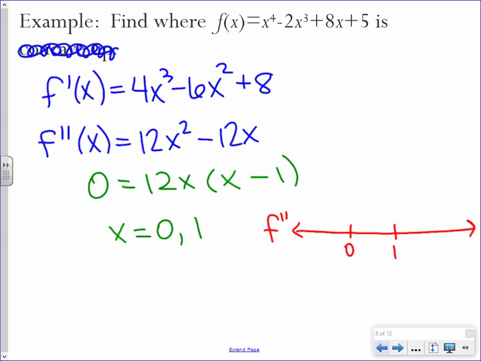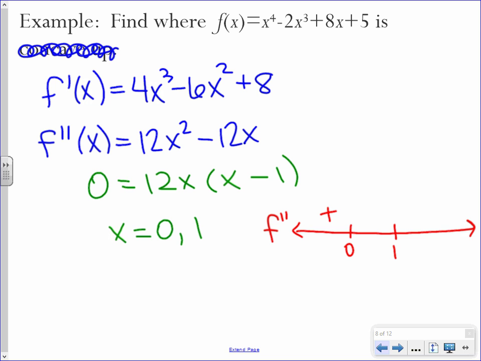If we plug in a negative number, what's going to happen to our second derivative? What kind of value will it be? Positive. What about between 0 and 1, like 1/2?